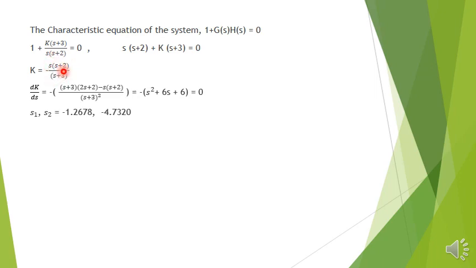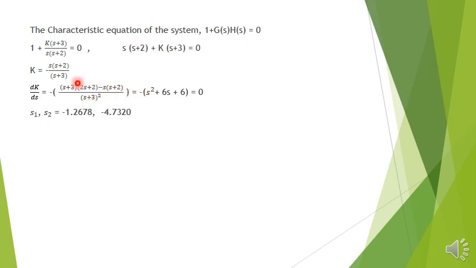While differentiating, we need to apply the u by v rule: (v du - u dv)/v². So (s+3)² in the denominator, and in the numerator (s+3) into the differentiation of the numerator, that is s² + 2s, that means 2s + 2, minus the numerator polynomial s(s+2) into the differentiation of the denominator, that is 1. So this is equal to 0, so we can cancel the denominator polynomial.